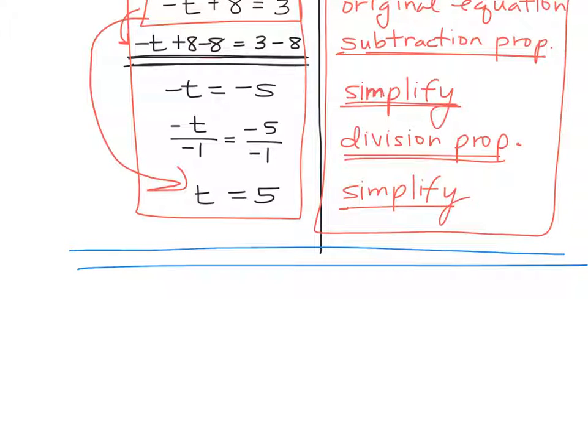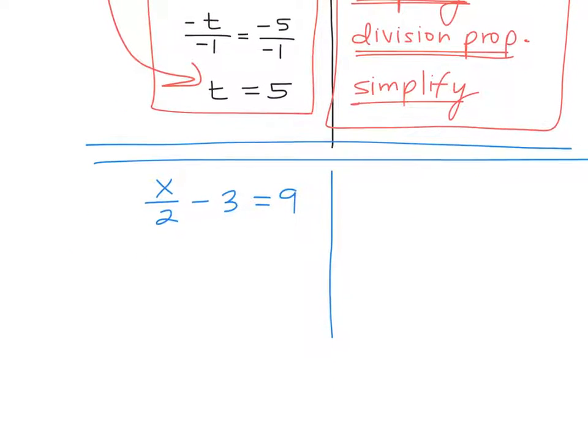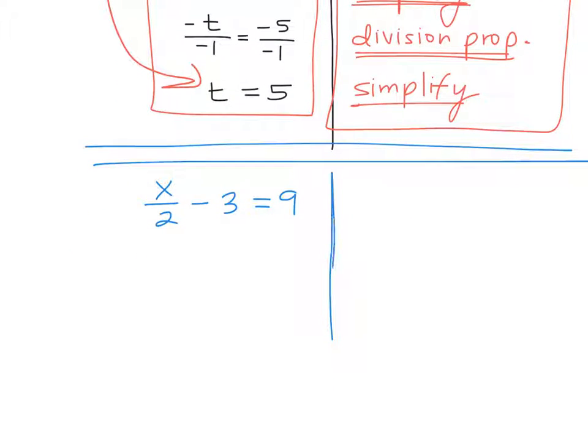Okay, let's say this is our problem: x divided by 2 minus 3 equals 9. And I want to know what steps you took. I'm going to write the whole thing out this time, and then you can tell me the steps as we go.